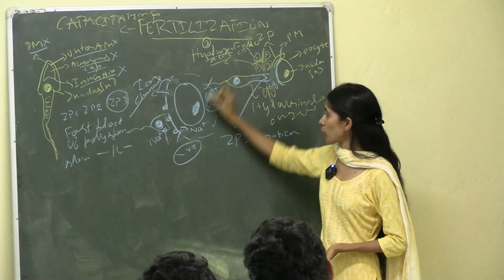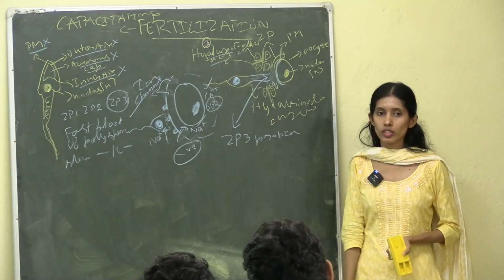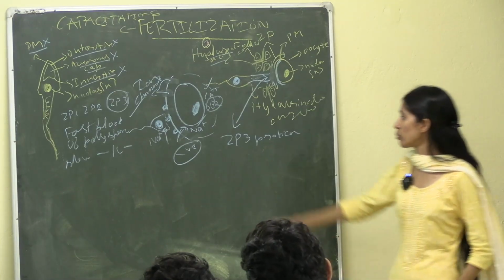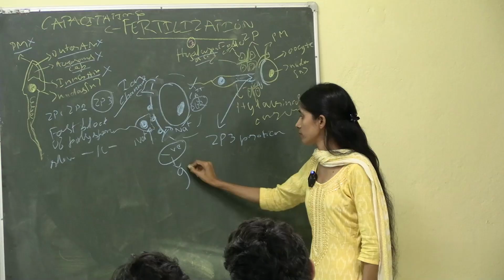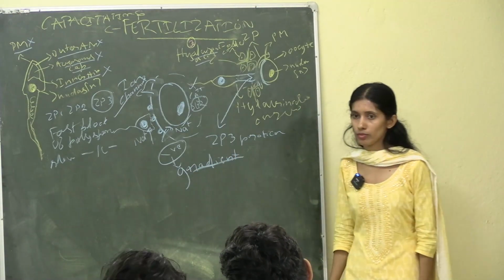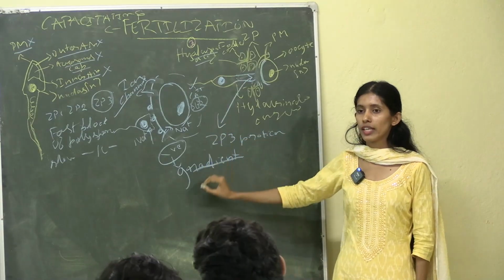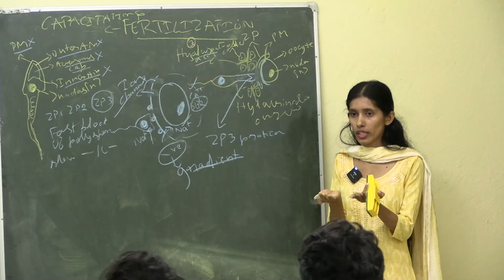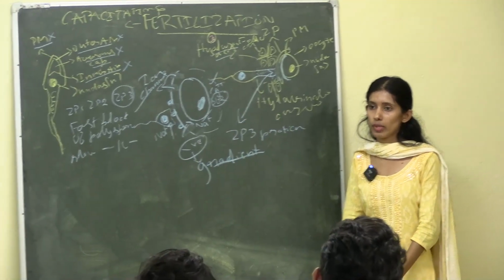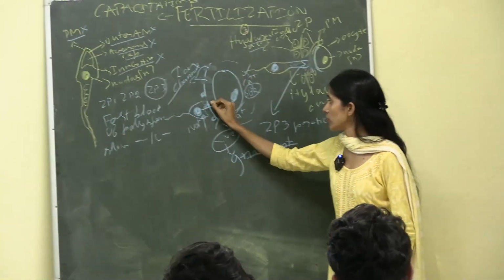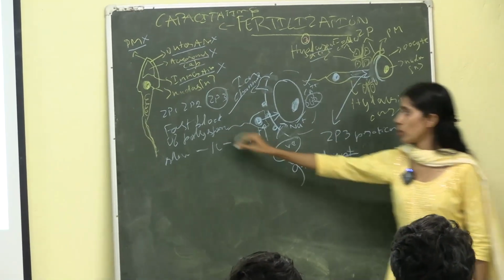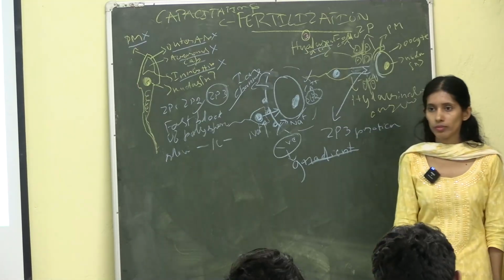So now positive and positive ions will cause the positive gradient inside the female gamete, okay, and there will be a negative gradient in the outer aspect, okay. So this positive and negative interaction will equalize the whole condition and it will not allow any other sperm to enter into the female gamete after one sperm enters, okay. This whole condition is called fast block of polyspermy.